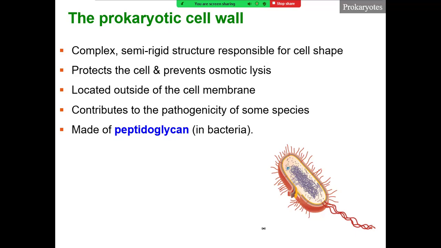Any question about any of that? Now, in archaebacteria, many of them, probably most of them, have a cell wall, but they do not have peptidoglycan in the cell wall. They have another molecule in their cell wall. So peptidoglycan is only found in bacteria, and it's only found in the cell wall also. Any question about any of that?